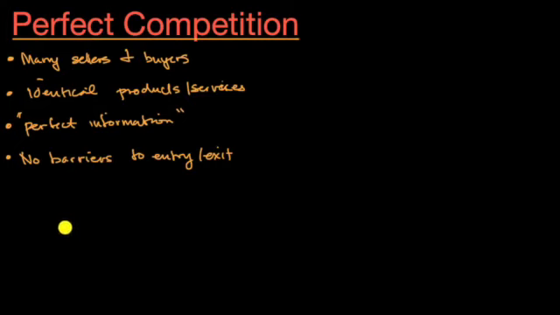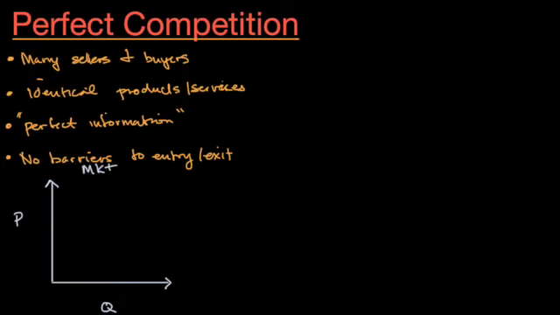So we can look at the market as a whole for whatever this product and service is. So let me draw price versus quantity here for the market as a whole. So this is price, and this is quantity, and this is the market right over here.